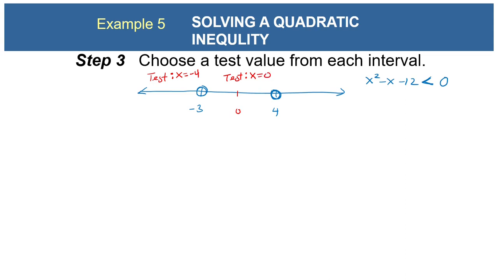Again, you can pick whatever you want as long as it's between negative 3 and 4. Then we're going to pick another interval. Something to the right of 4, I'm going to pick x equals 5. Now I could easily pick x equals 100 if I wanted to, as long as it's to the right of number 4.